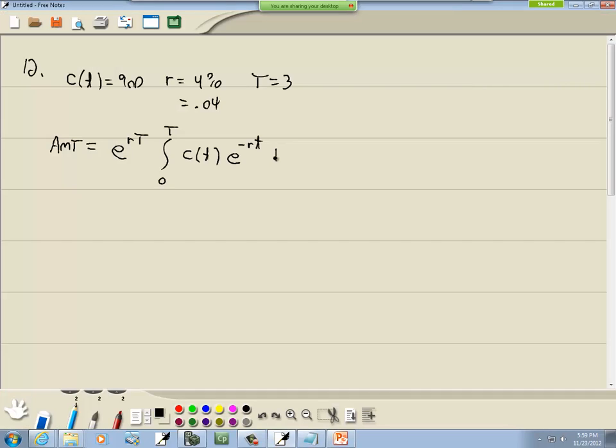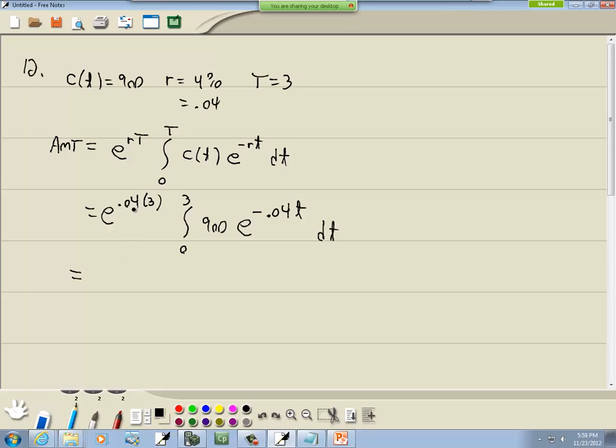So we've got R is 0.04 times capital T, which is 3. And from 0 to 3, CFT is 900, e to the negative R, which was 0.04, times t, that's our variable, dt.